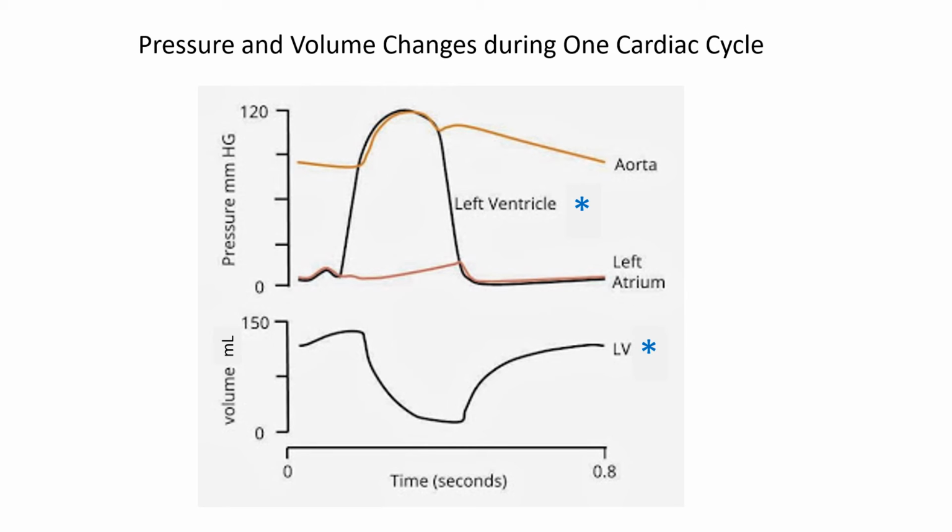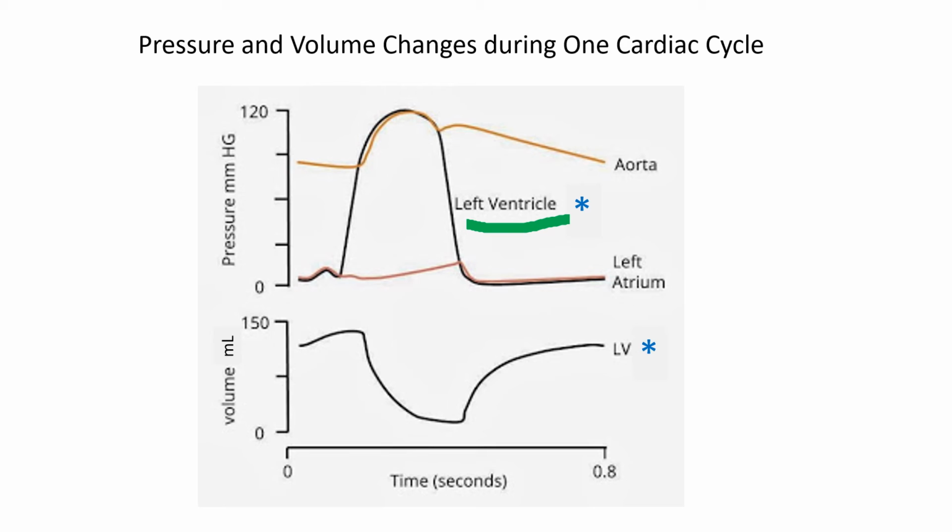During the cardiac cycle, we can measure changes in pressure. We can also measure changes in volume as blood fills the heart and is ejected from the heart. So in the top panel, we see pressure expressed in millimeters of mercury. And let's just take a quick look at the left ventricle. So think about pressure in the left ventricle over the course of the cardiac cycle.